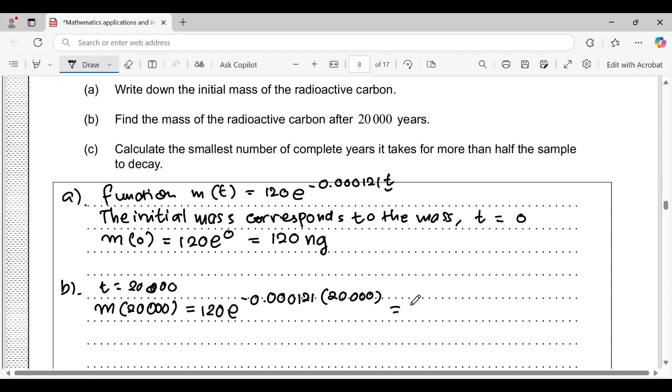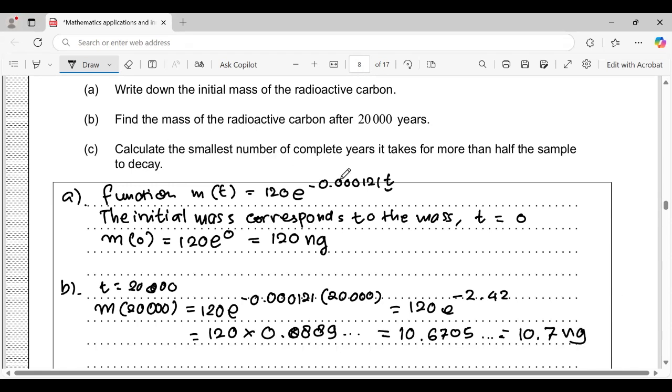And it becomes 120 e to the power minus 2.42. If you calculate, e to the power minus 2.42 is 0.0889, and the result is 10.6705, or 10.7 nanograms.